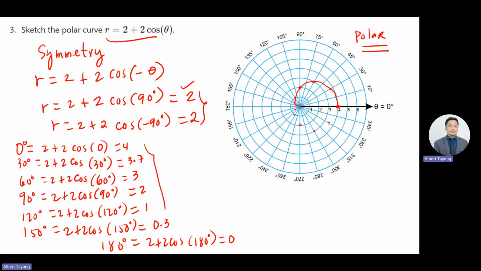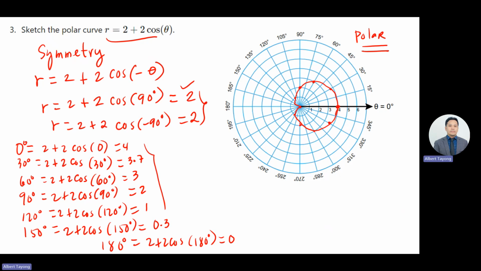So if we're going to connect all of this, okay, so this is our graph actually using this polar curve, okay?